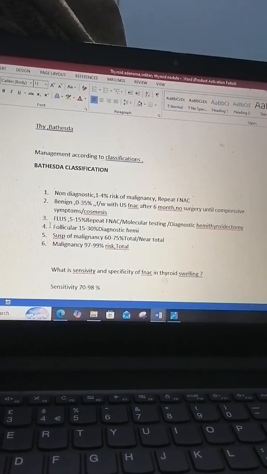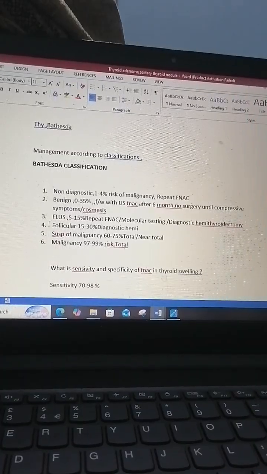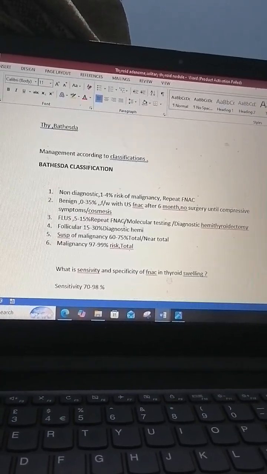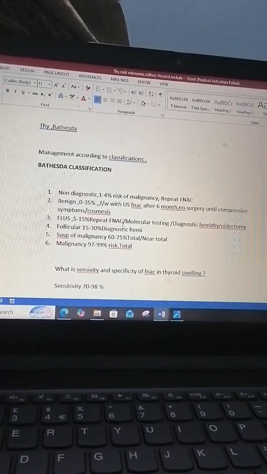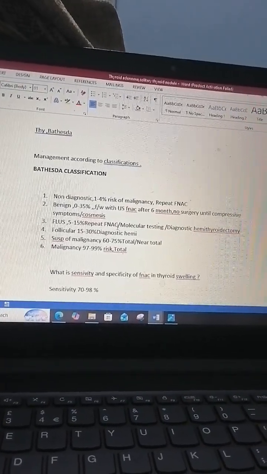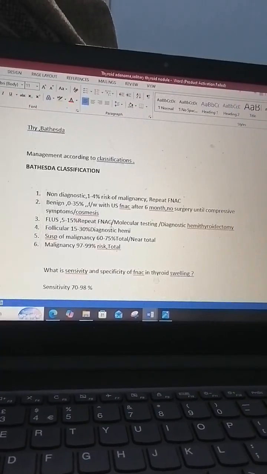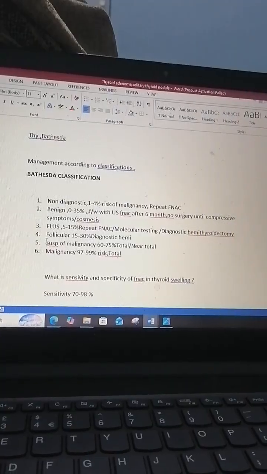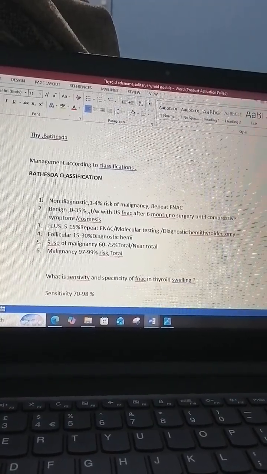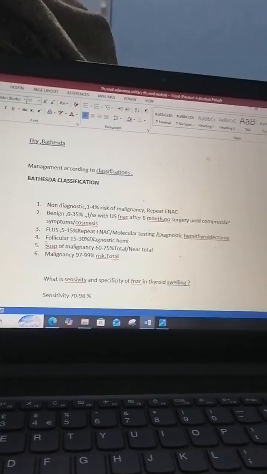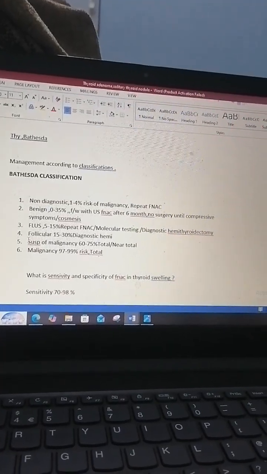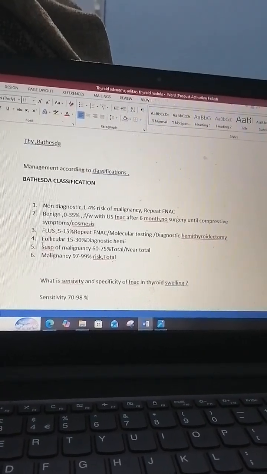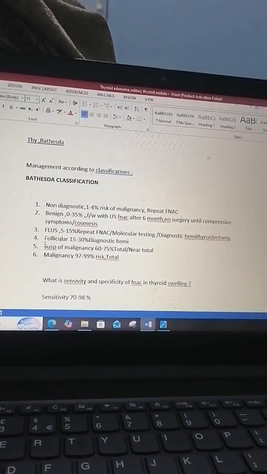In Bethesda 3, there is a risk of malignancy of 5 to 15%, and there are 3 management options, which are repeat FNAC, molecular testing, or diagnostic hemithyroidectomy. In Bethesda 4, which is a follicular lesion, there is also a risk of malignancy, which is 15 to 30%, and we will do diagnostic hemithyroidectomy in this case.